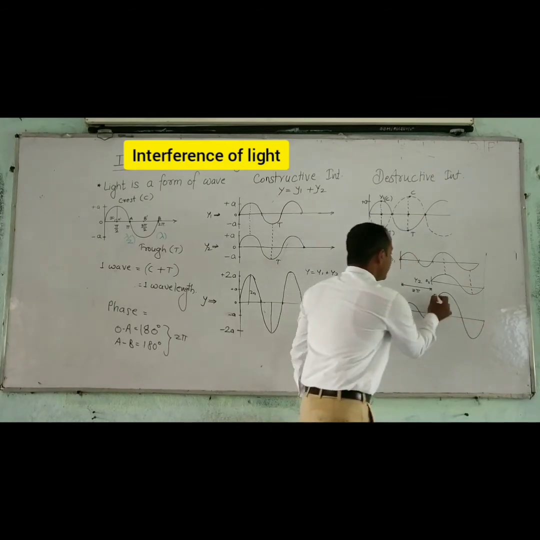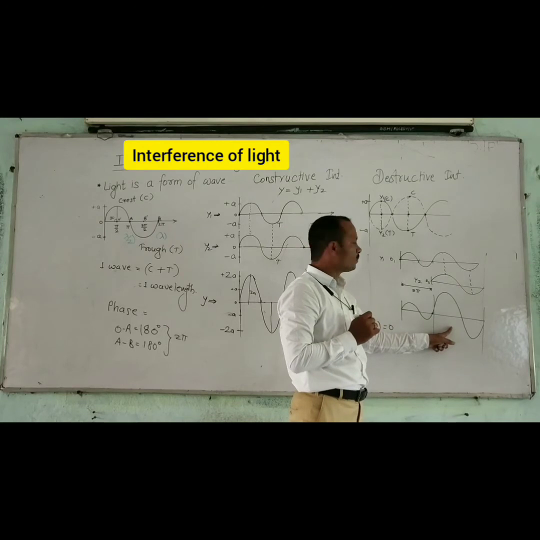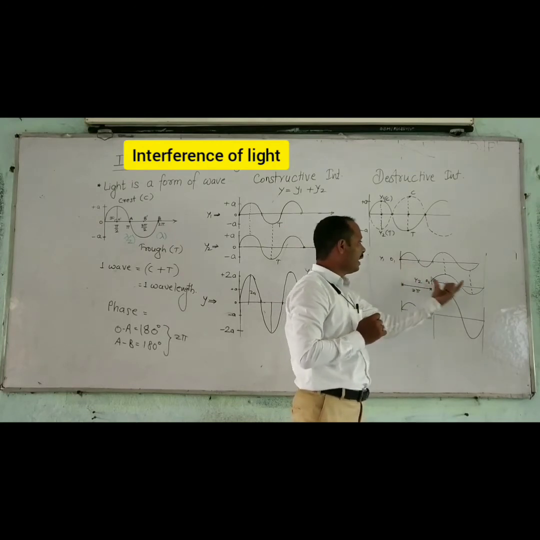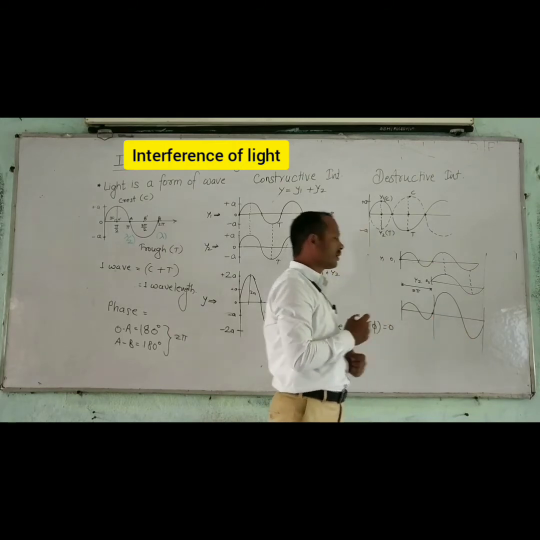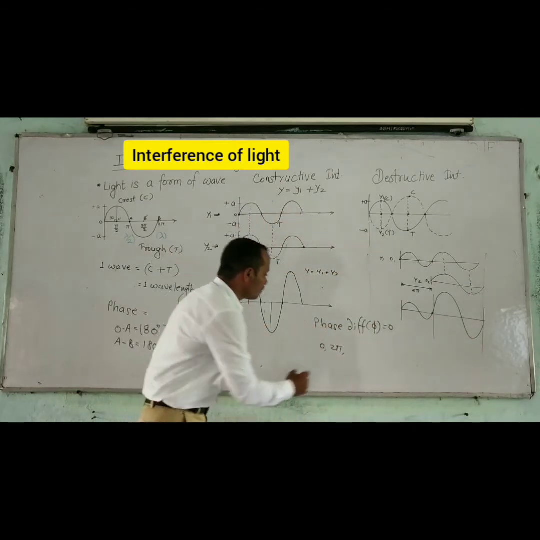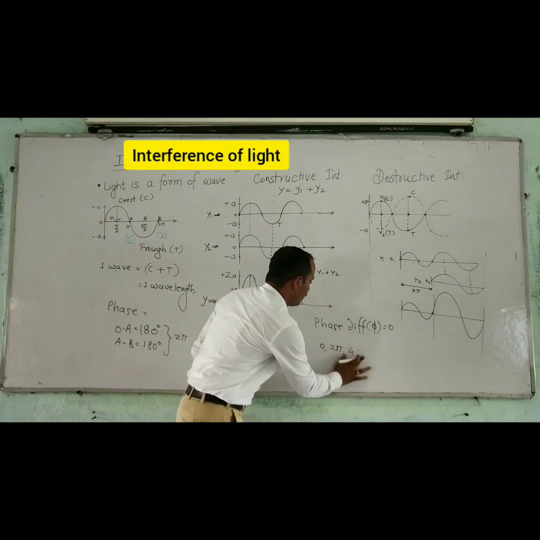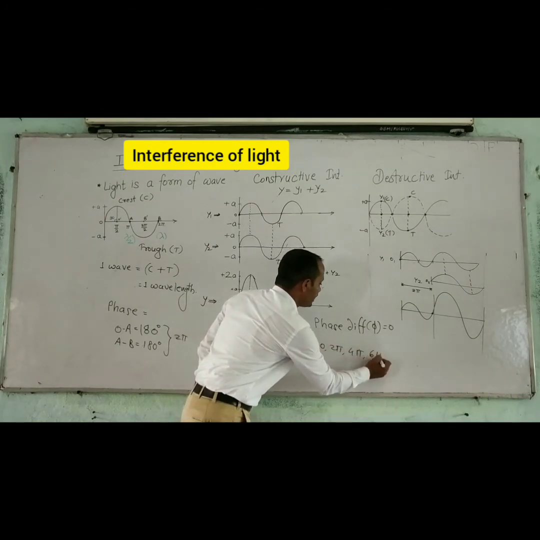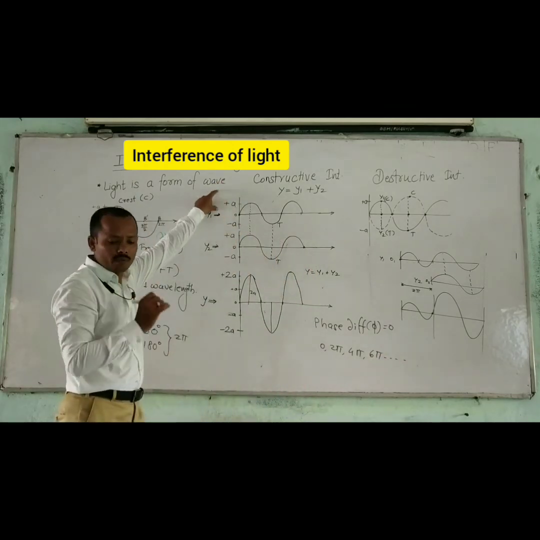Okay, so this part indicates the constructive interference of light. Okay, no interference and interference. Interference with constructive. Okay, interference is constructive. Right? Similarly, at the phase difference of 4 pi and 6 pi and so on, we get the constructive interference form.